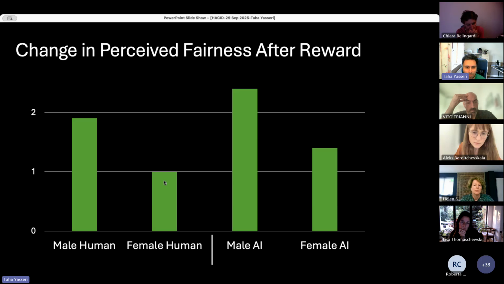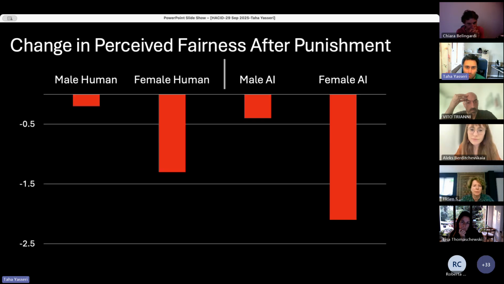as male AI. But those people, the 2 people in the team who did not receive the reward, again, statistically, they were less happy. They gave lower rating to the manager after the game, and the change is negative. However, we see that the outrage they experienced reflected in the rating is the largest when the manager was a female AI manager.